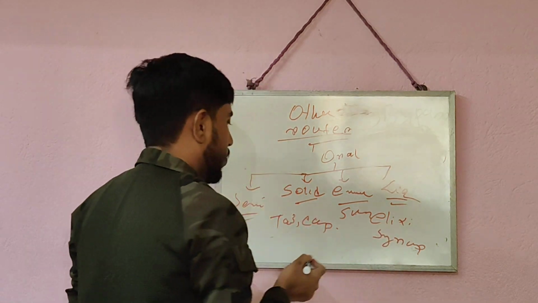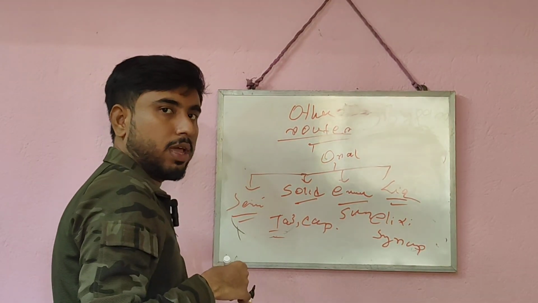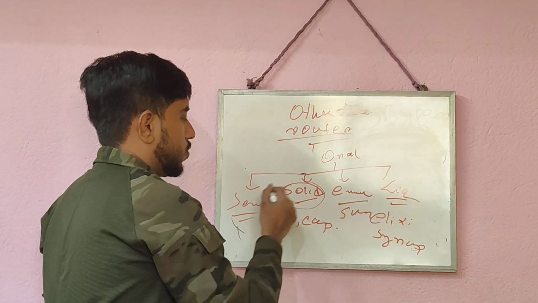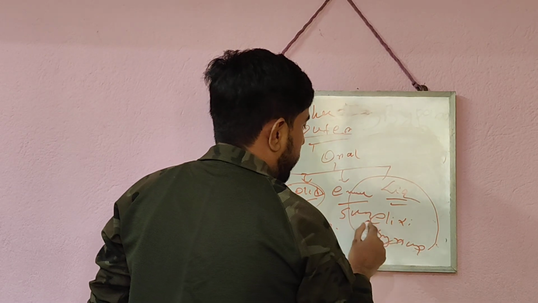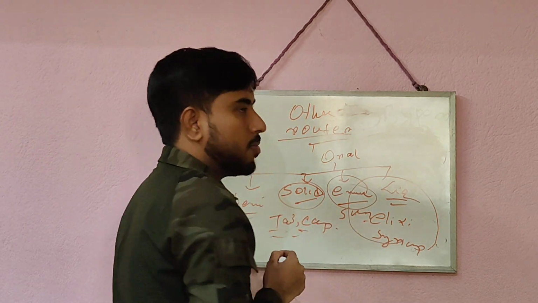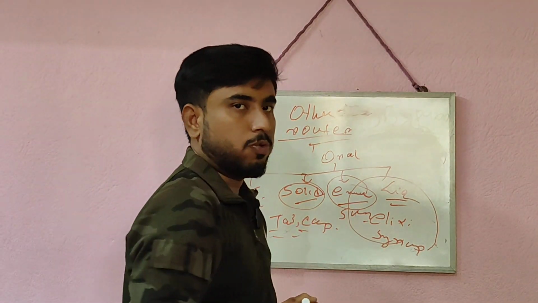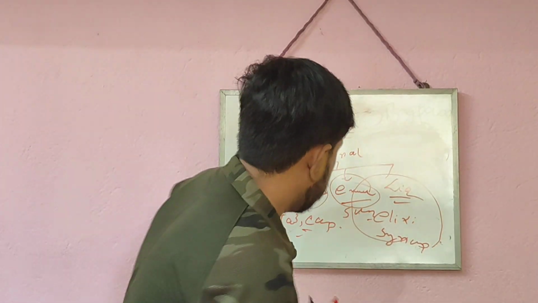Tablets like paracetamol or Dolo, which we take for normal fever or normal cold, are solid dosage forms, tablets and capsules. In liquid we have syrup. In emulsion, as we already know, emulsion means liquid plus liquid, and these liquid forms can also be administered by the oral route.